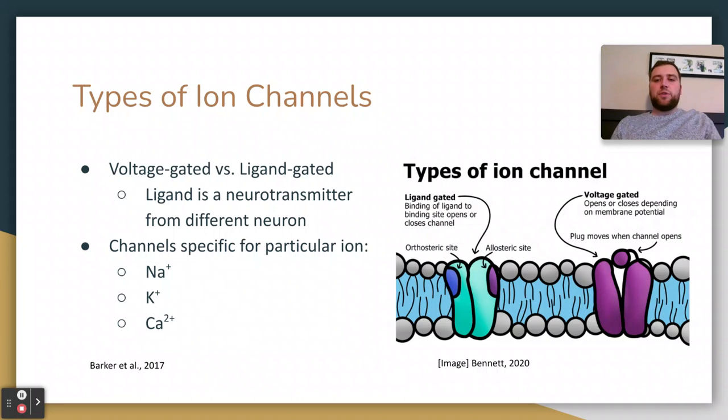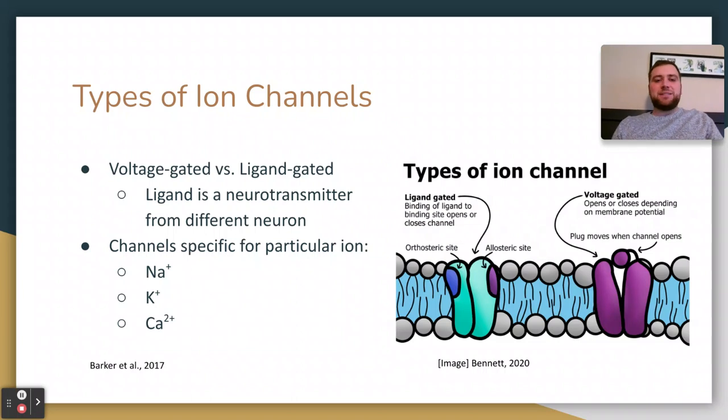It's also important to note that these ion channels are specific for a particular ion. They don't just let any ion pass through, but generally only one can pass. The ones that we see specifically with a neuron and its communication would be sodium, potassium, and calcium. Now, these ions are all used for different purposes in the neural communication.